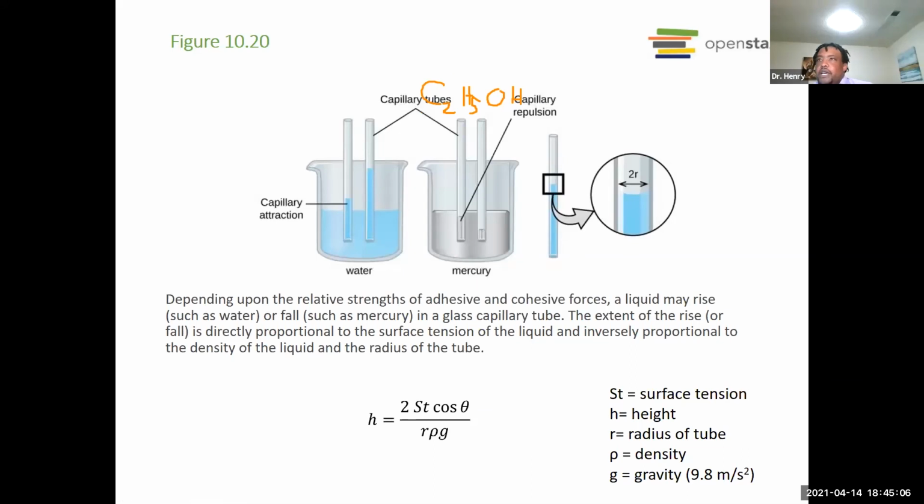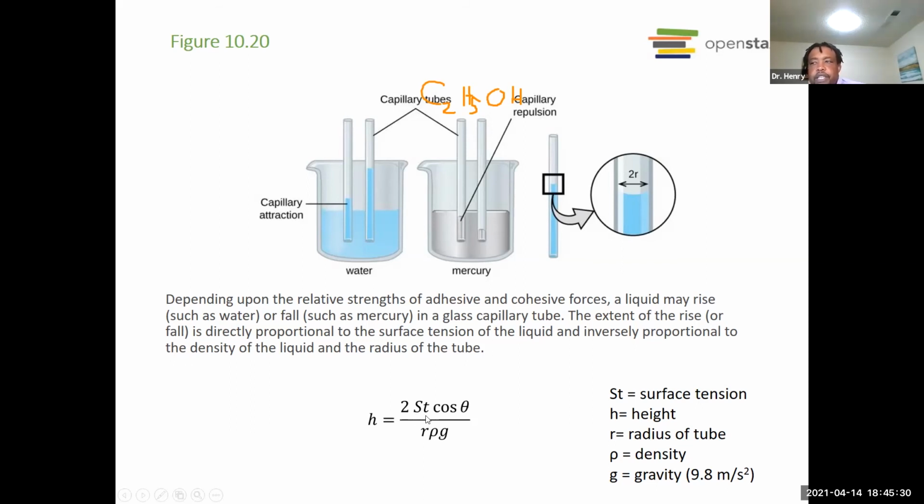In the case of a capillary tube, we can actually calculate how high it's going to go up the capillary tube depending on what we're working with, right? The way that we would do that calculation is using this equation here, where h, the height it goes up the capillary tube, is equal to 2 times the surface tension.